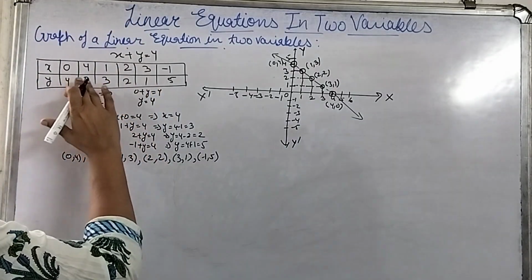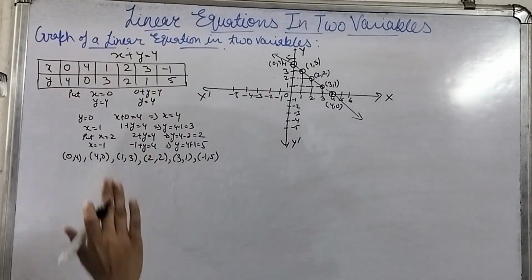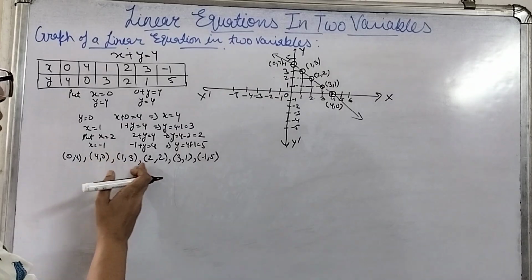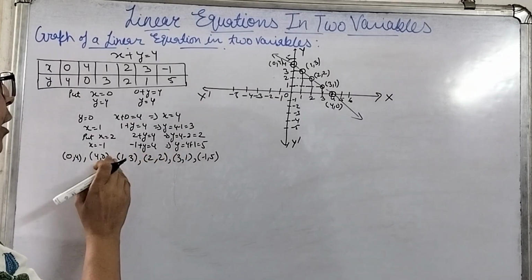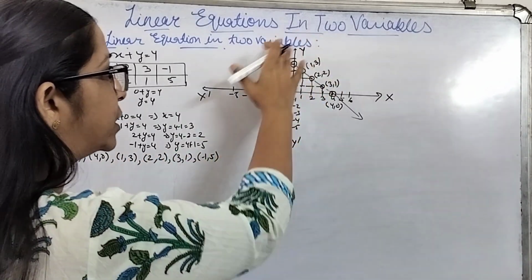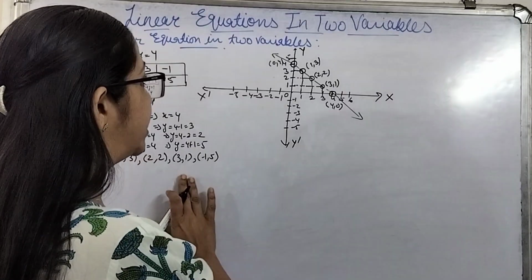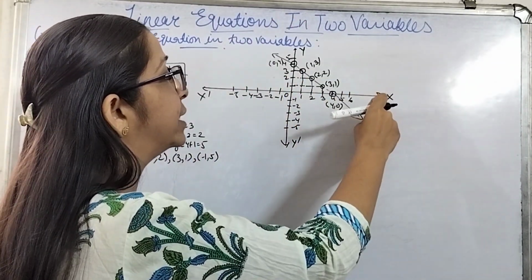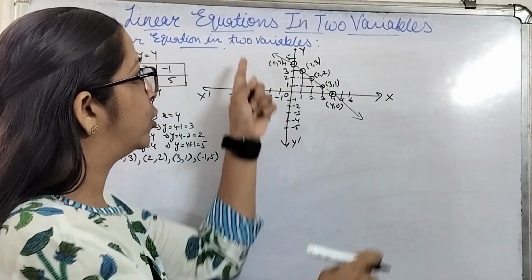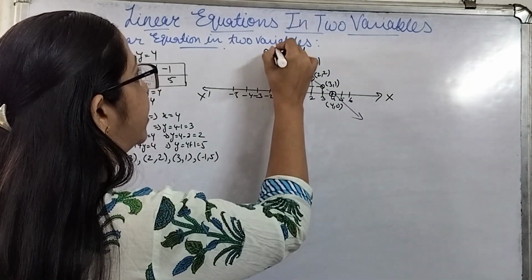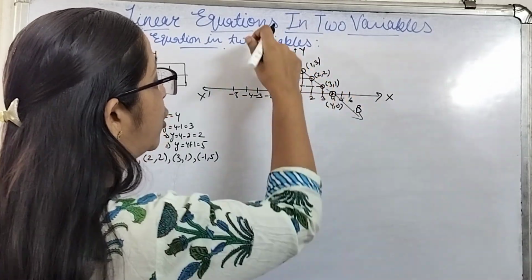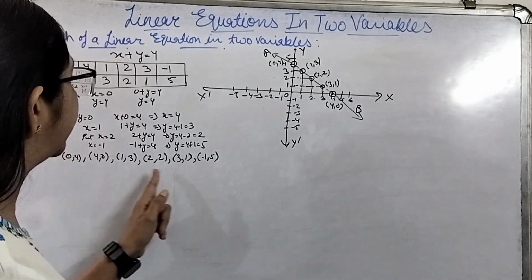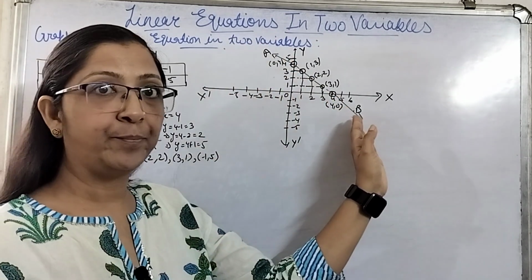Whatsoever the solutions were there, all these were the solutions for this equation only. When we plotted these solutions on this graph, we noticed that all these points are lying on this line only, that is your AB. If this line is your AB, then on this line AB only all these points are lying, right?